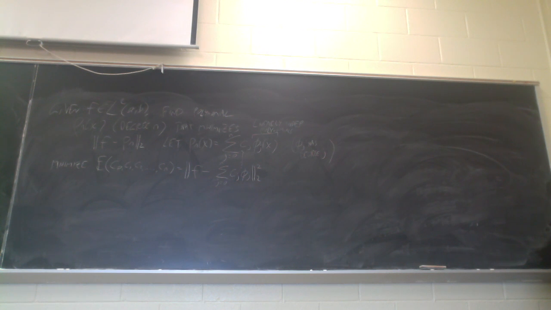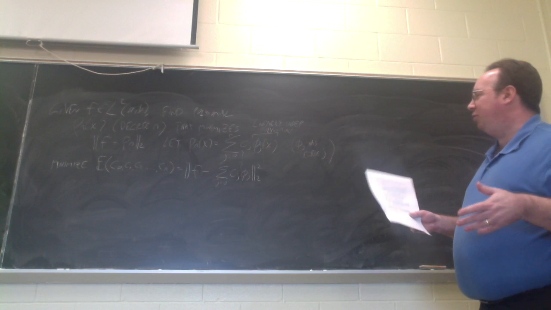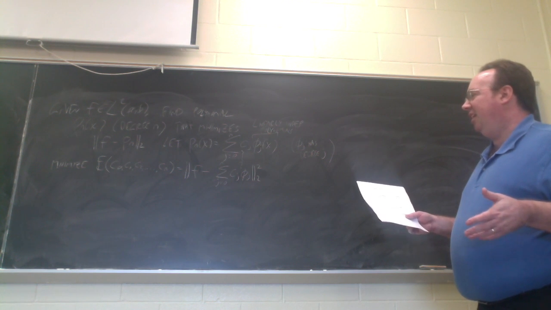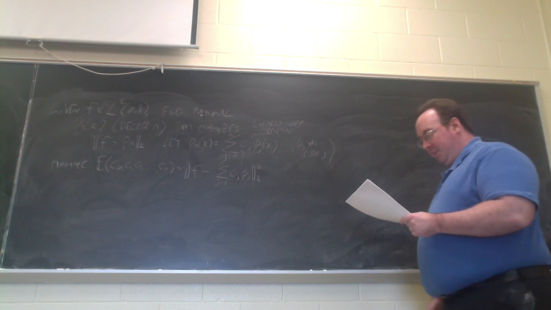You have to take the derivative and set it equal to 0? Yes. You find your critical points. And what does a critical point mean in multivariable? Yes. You find where all the partial derivatives are equal to 0. And there's also second derivative tests, but since this is going to be a quadratic function, there's only going to be one critical point that'll turn out to be a minimum.